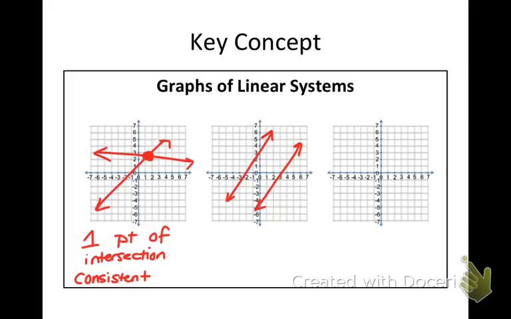What is the symbol that we use for no solutions? 0 with the cross through it, right? So if there is no intersection, we say that we have no solution. So I've got my parallel lines, never intersecting, no solution. That is considered an inconsistent system.